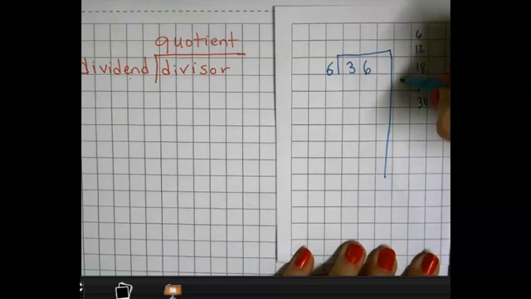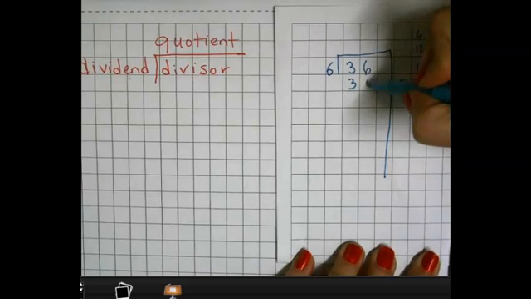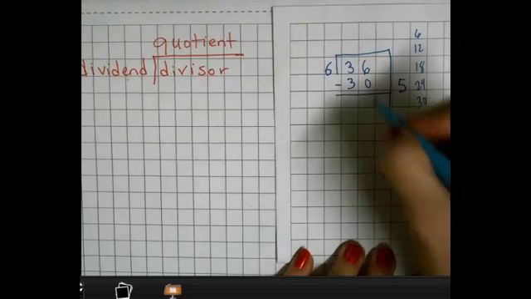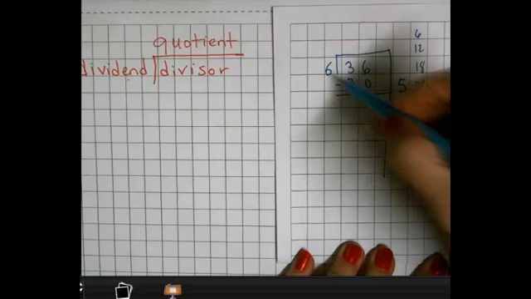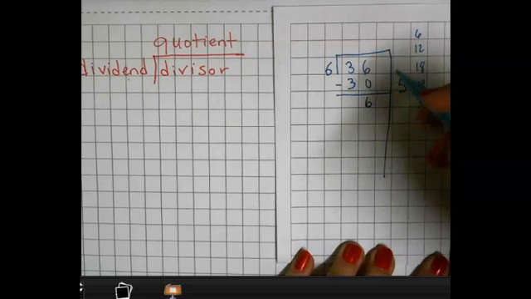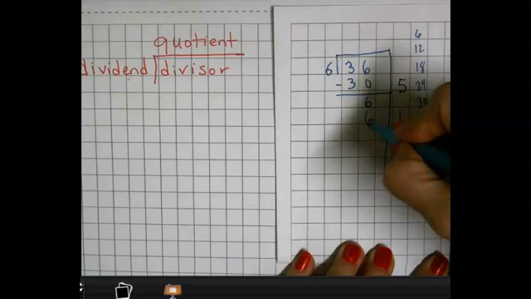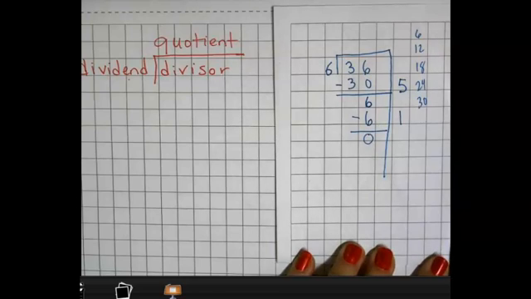So I can put a 5 over here, put my 30 underneath here, and subtract. That's going to leave me 6. And of course, my 6 is going to fit into this 6 one time. 6 times 1 is 6. And now I'm finished because I got to 0.